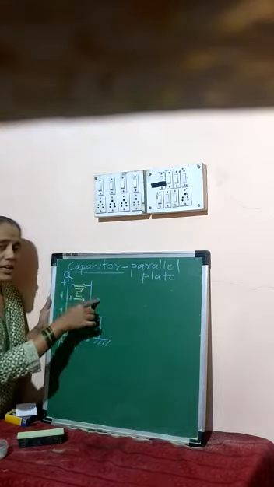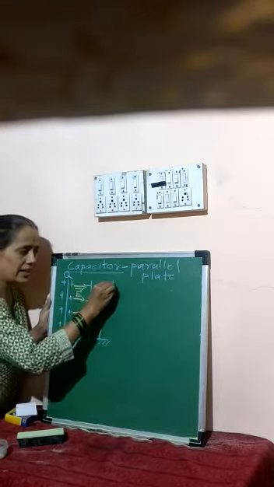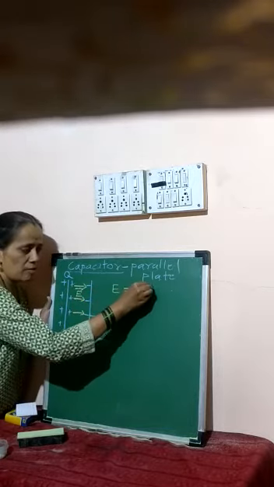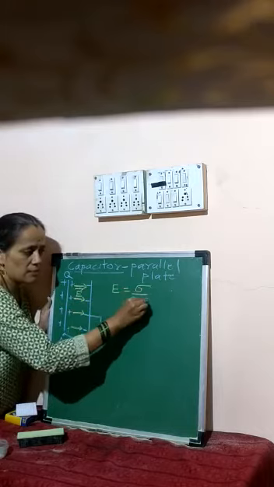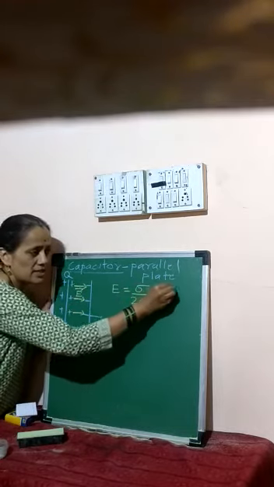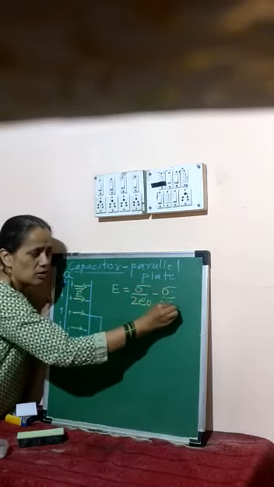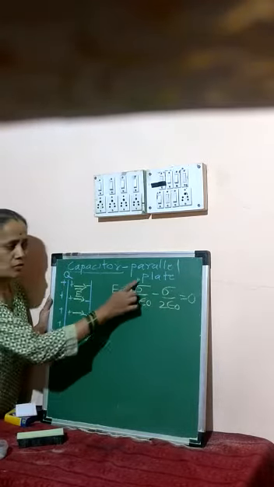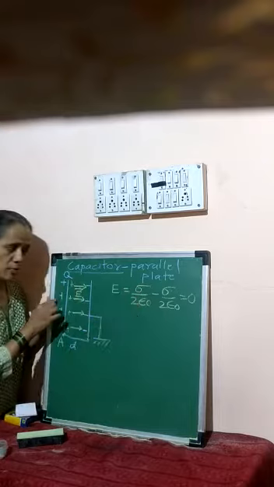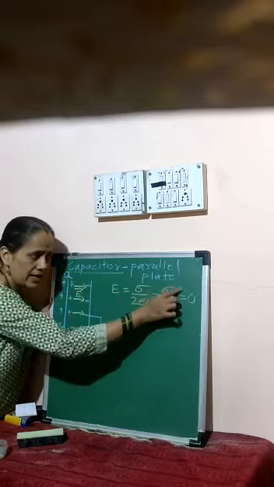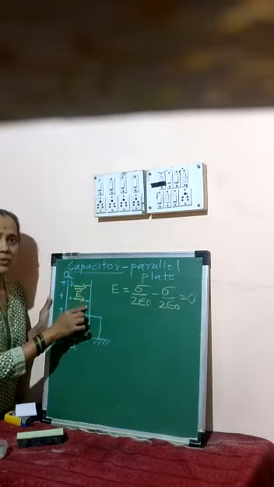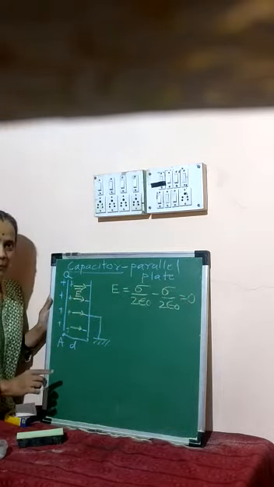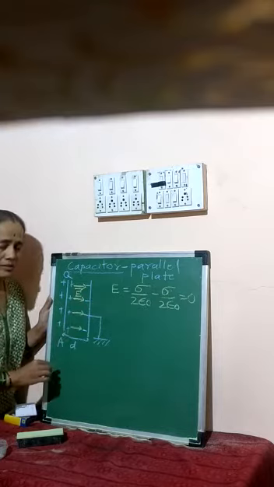So in the outer region, electric intensity E is sigma upon twice epsilon 0 minus sigma upon twice epsilon 0, which is equal to 0, because their directions are opposite.